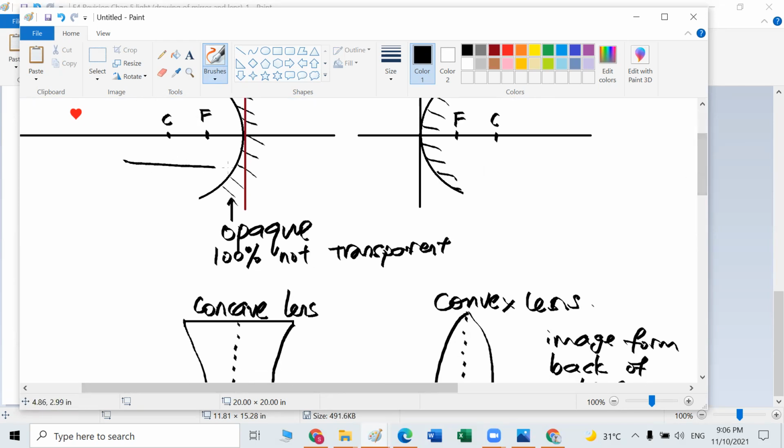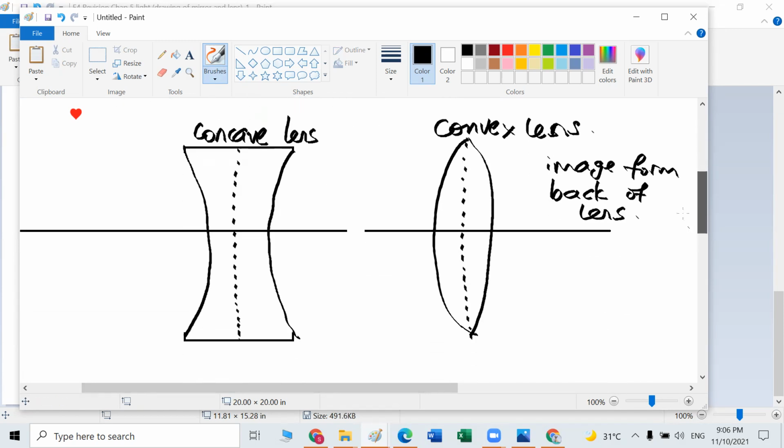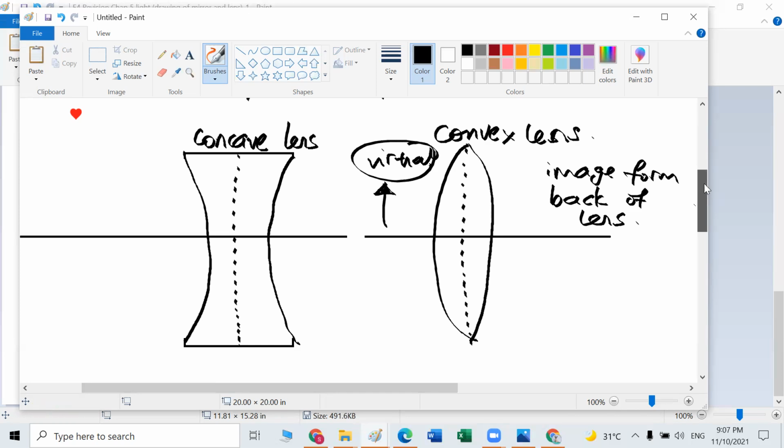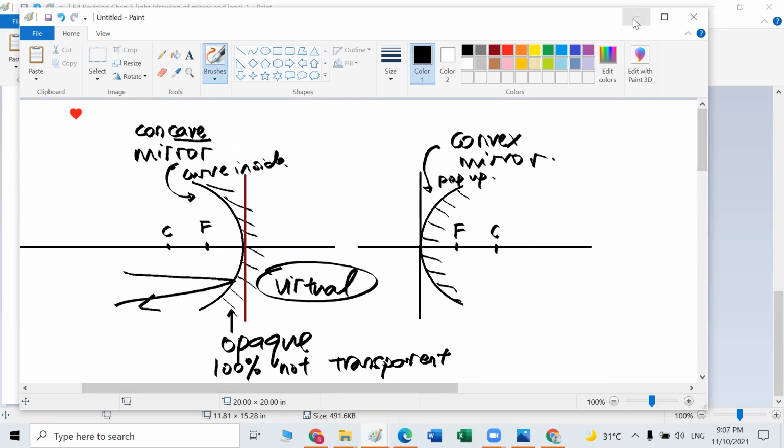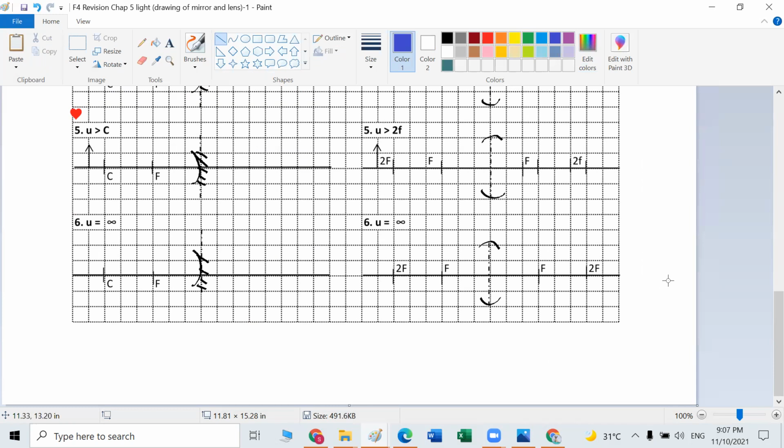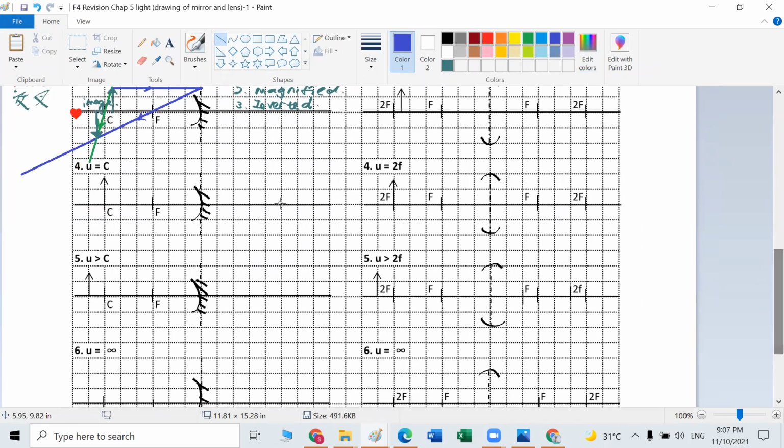Opaque means the light must reflect back, cannot form behind. So if form behind, it's called virtual. Then this one, suppose form after the lens, at the back of the lens. But when the image form in front, then we say this is virtual because this is transparent, this is opaque. Okay, so later we will see what's the difference. Now your job is draw KFC for 4 and 5.